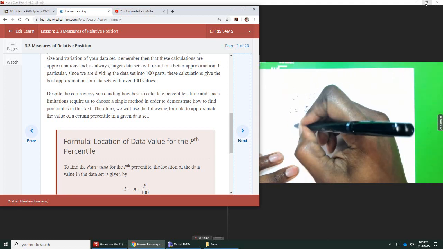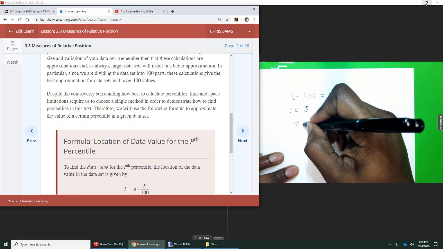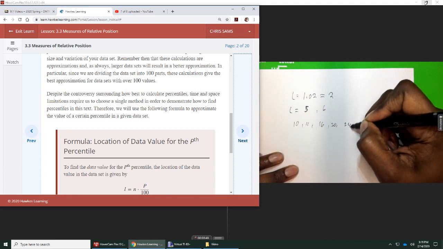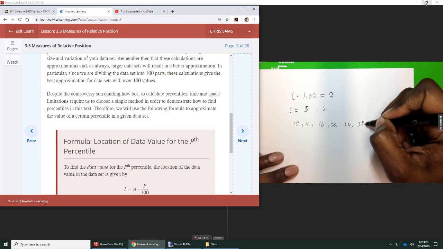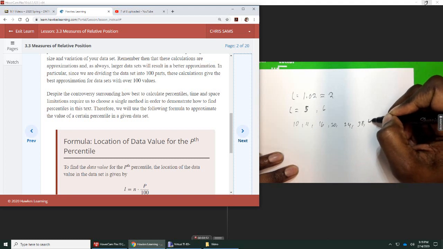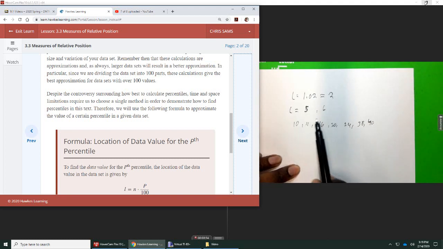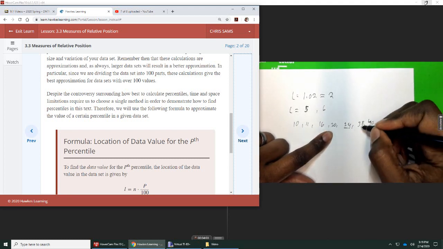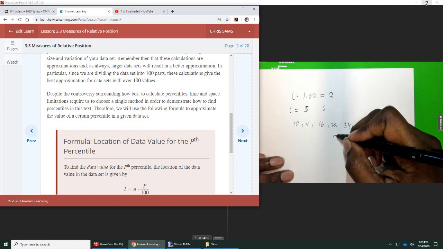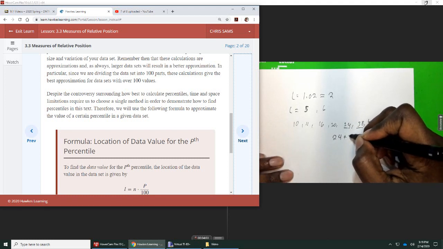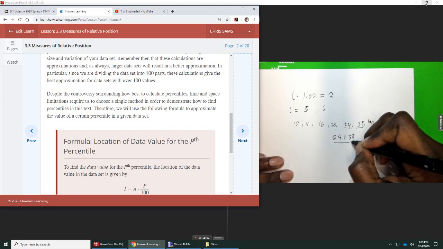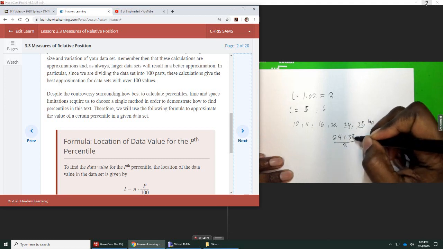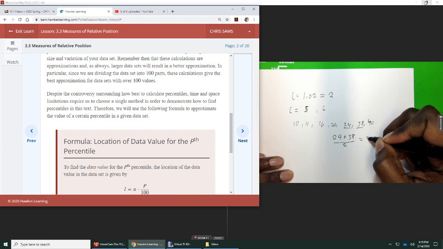So if I had some numbers like 10, 11, 16, 20, 24, 38, 40, and so on: 1, 2, 3, 4, 5. The 5th number is 24. The 6th number is 38. You would have to add 24 and 38 and divide by 2. That's 62, so we would get 31.